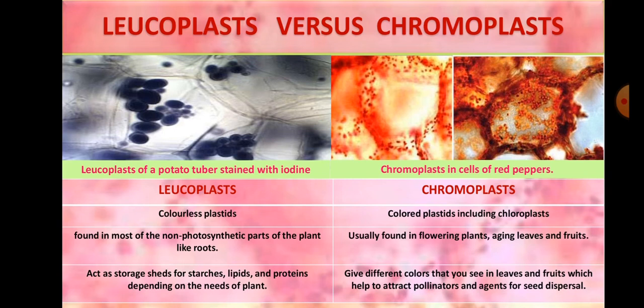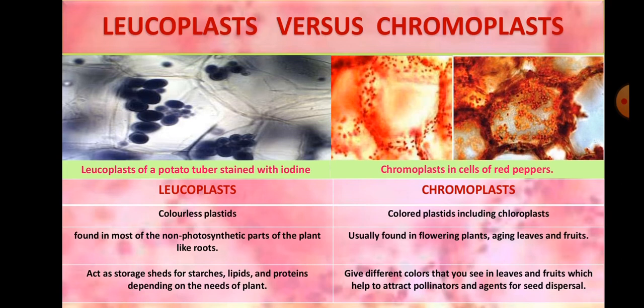These pictures really look very beautiful. Let's compare the two now, leucoplast and chromoplast. Leucoplasts, as we just discussed, are colorless plastids, and chromoplasts are colored plastids, including chloroplasts. So these contain color and they do not have any color. Where will you find them? You will find leucoplasts in most of the non-photosynthetic parts of the plant, which are not above the ground but present below the ground.